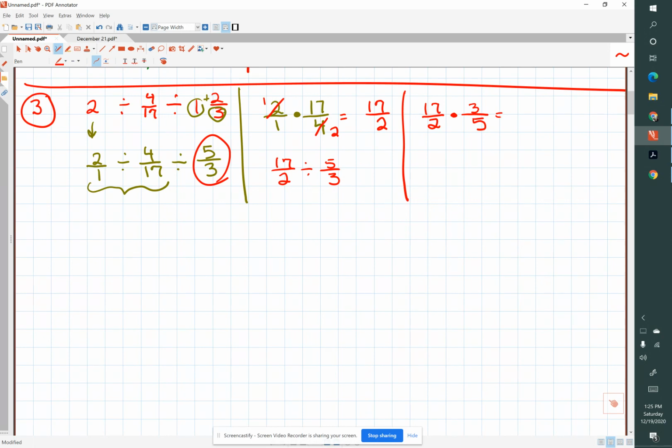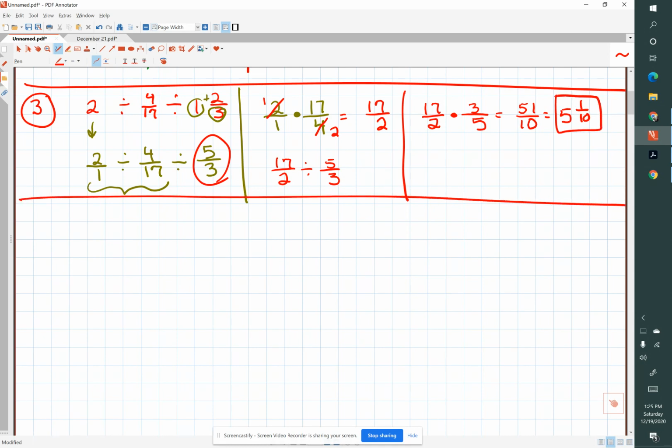So I've got 17 times 3, which equals 51, and 5 times 2, which equals 10. This is an easy one to simplify. I know that 10 times 5 is 50 with 1 left over. 5 and 1/10. So that's number 3.